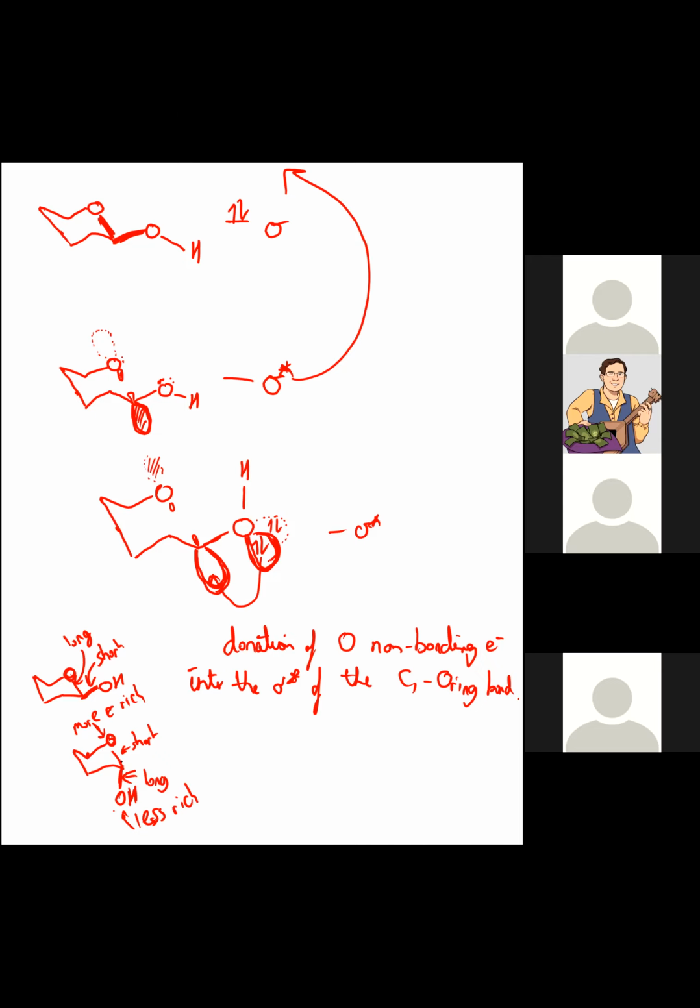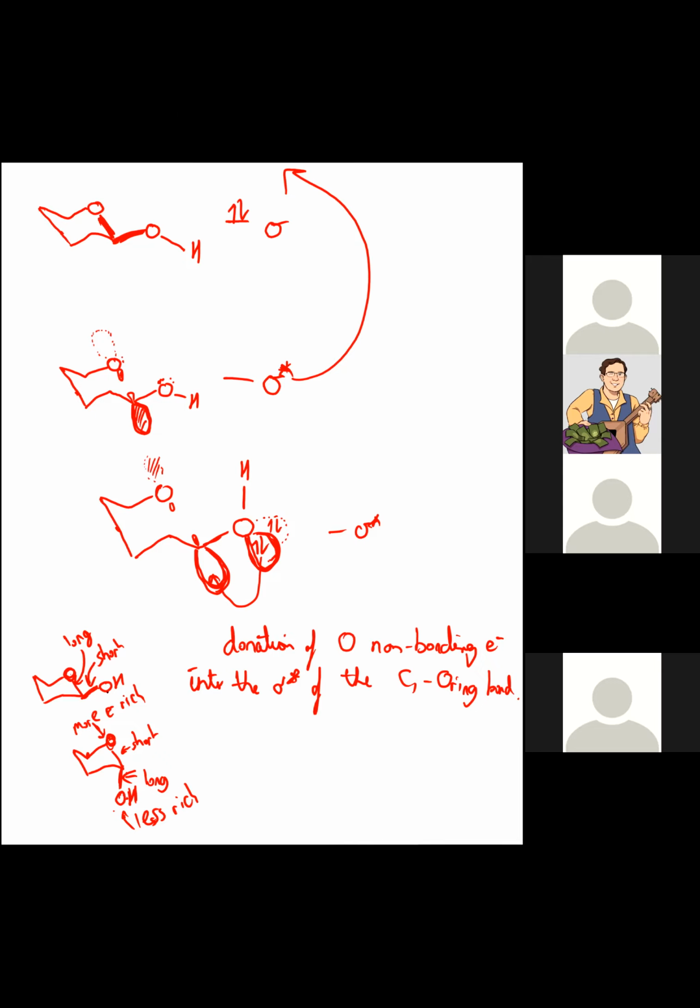This one has two donating. That means this has more electrons than that one. So the flow goes from the ring oxygen to the external oxygen when you have alpha. When you have beta, you can't go from the ring oxygen to the external oxygen, so the only anomeric effect you can have is from the external oxygen in. And it's a much weaker effect because this is an electron-poor oxygen, so it's less likely to donate electrons. But it's still possible.